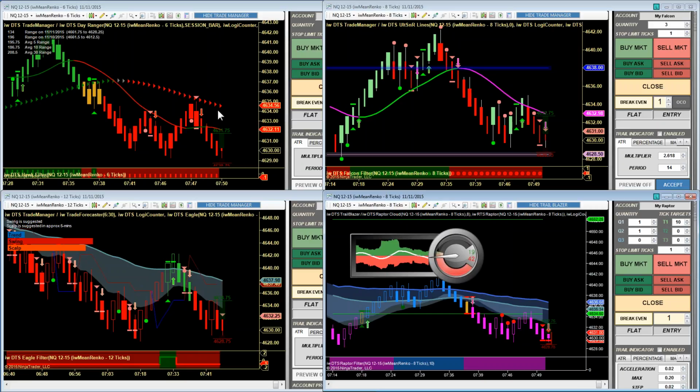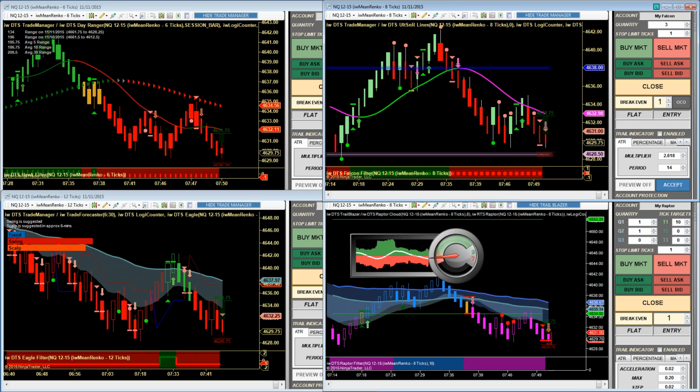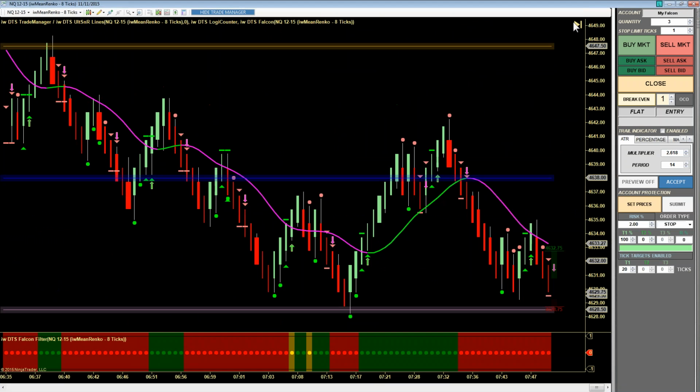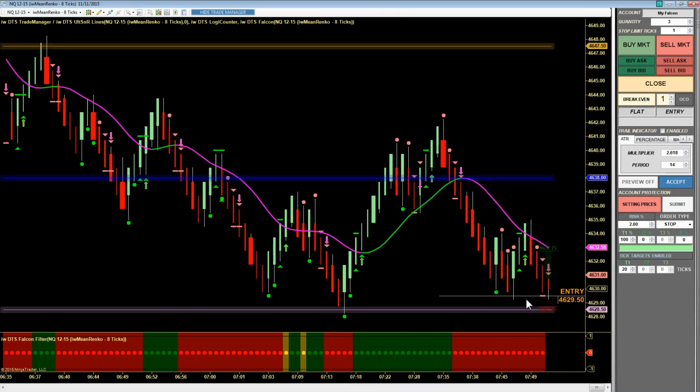All right, so a nice little macro pullback here. Getting a trend change signal here on the Falcon now. I'll admit these lows are making me a touch nervous. All right, here we go on the Falcon. We'll look for a second push on this entry. Can I cover it up there?